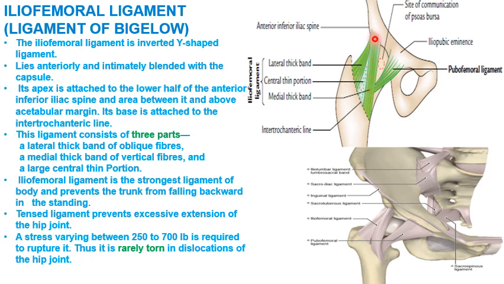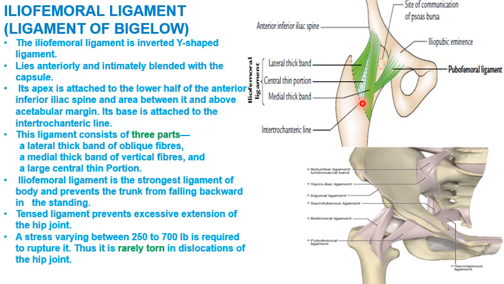This is the stem of the iliofemoral ligament and this is the base. So this is the apex or the stem. This ligament is anterior to the hip joint, blending with the capsule and strengthening it anteriorly.